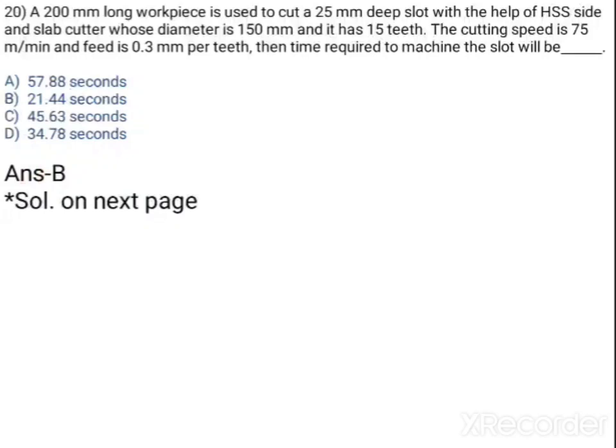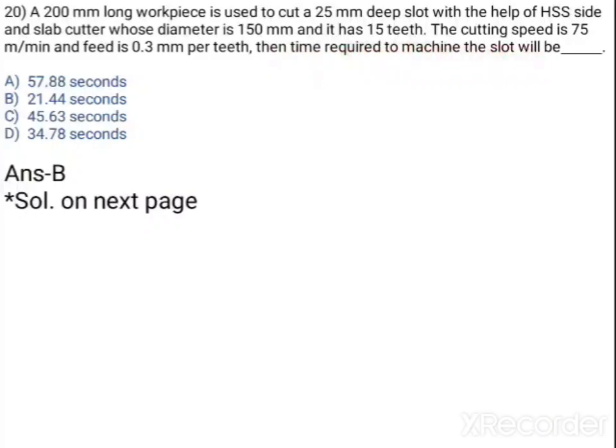Now question number 20. A 200 mm long workpiece is used to cut a 25 mm deep slot with the help of an HSS side and slab cutter whose diameter is 150 mm and it has 15 teeth. The cutting speed is 75 meter per minute and feed is 0.3 mm per tooth. Then the time required to machine the slot will be, okay.